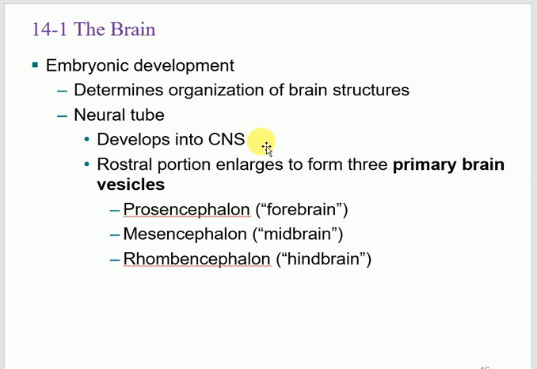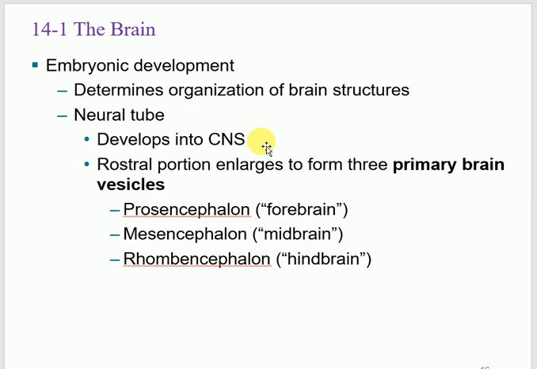The embryonic development. And we're not going to go too deep, but you need to know where they come from, generally speaking. So in the embryo, there used to be three vesicles from which all the parts that I talked about will come. Prosencephalon, mesencephalon, and rhombencephalon. You will notice that all of them end with cephalon.